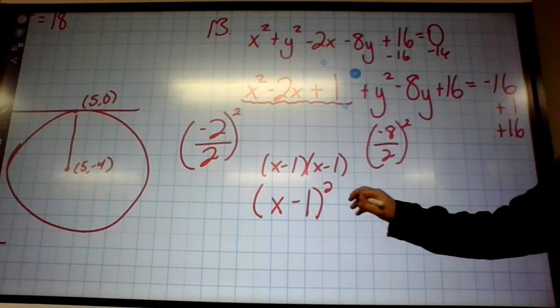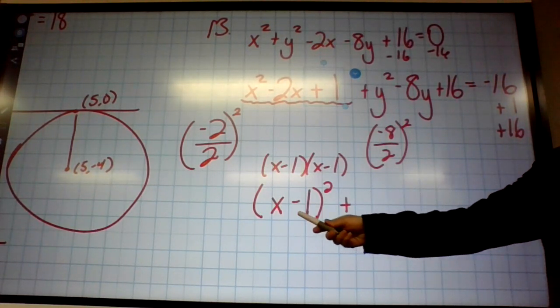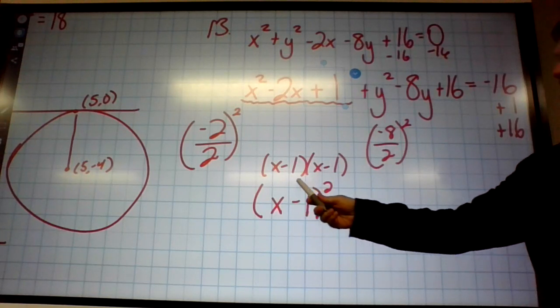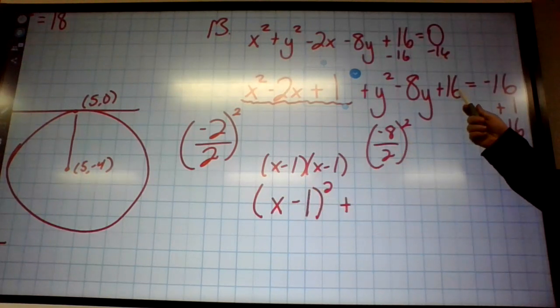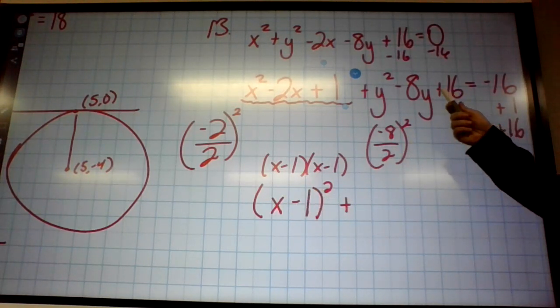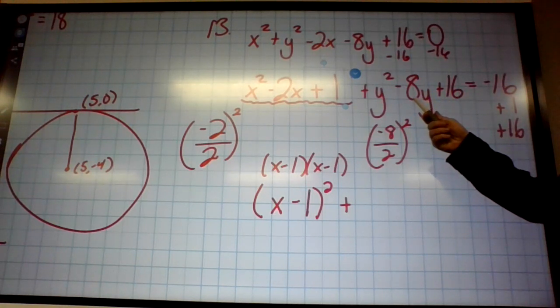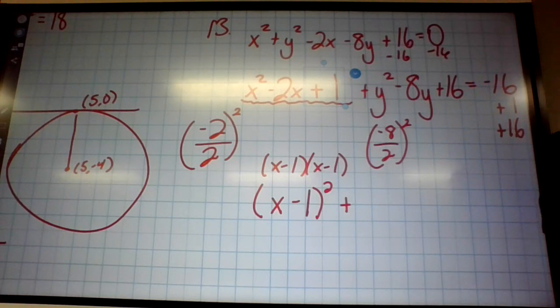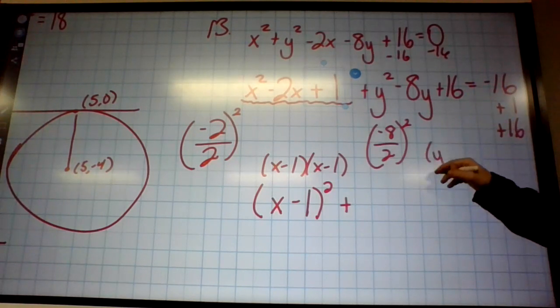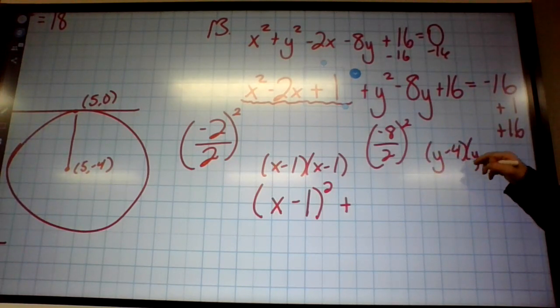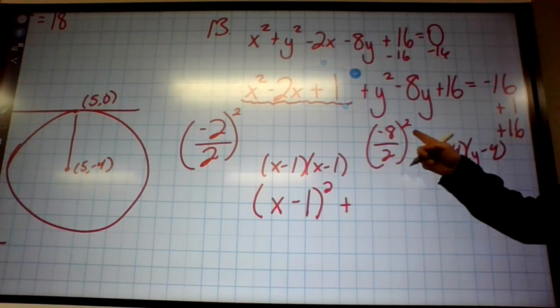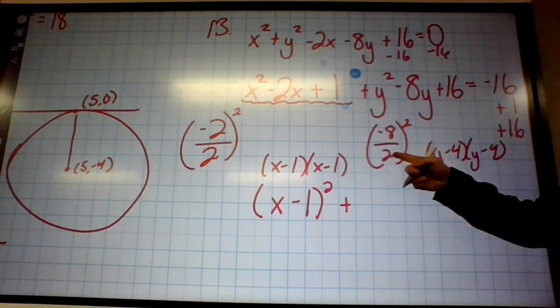And then the other side. Okay, so it's starting to look more like a circle, like standard circle notation. So the other one, what multiplies into 16 and also adds up to negative 8? What times what is 16? Negative 4, negative 4. It's always gonna be this number that I divide by 2, like -8 divided by 2 is -4.